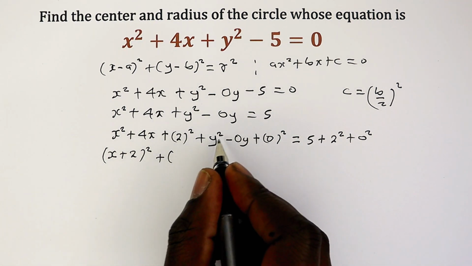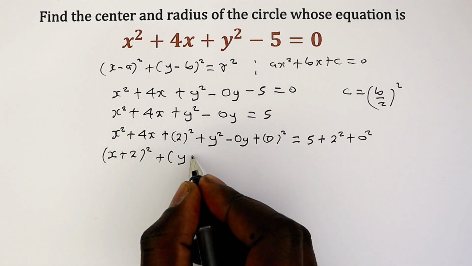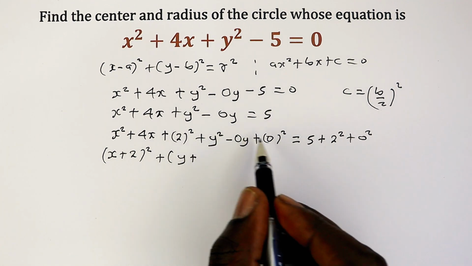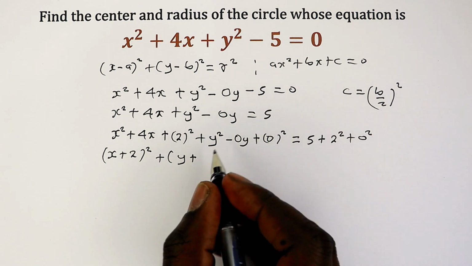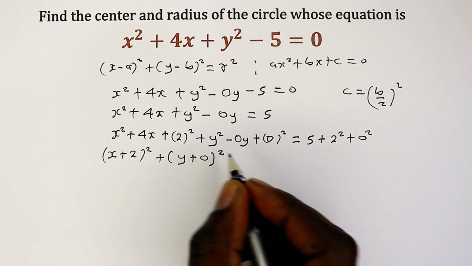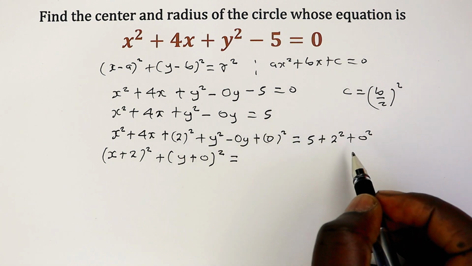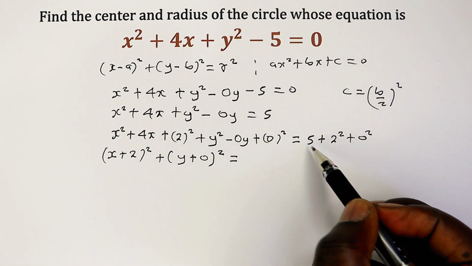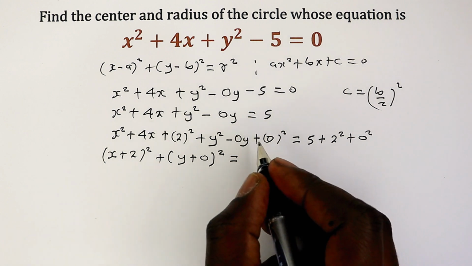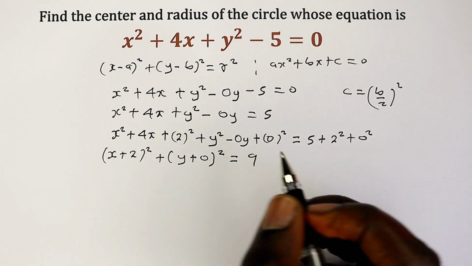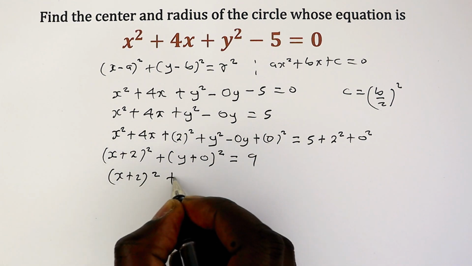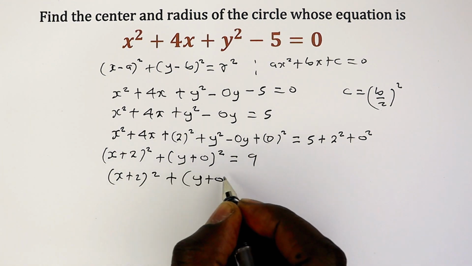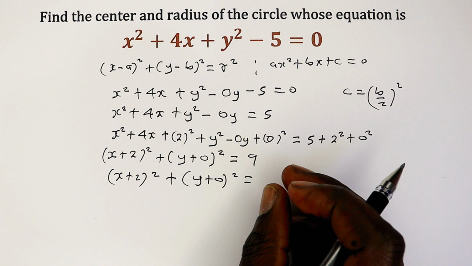The root of y squared is y, plus half of b squared, that is the new c. You take the root of that, which is just 0, and then you square it. And then you simplify this side, that is 5 plus 4, which is just 9. So you can write this as (x plus 2) squared plus (y plus 0) squared equals 9.